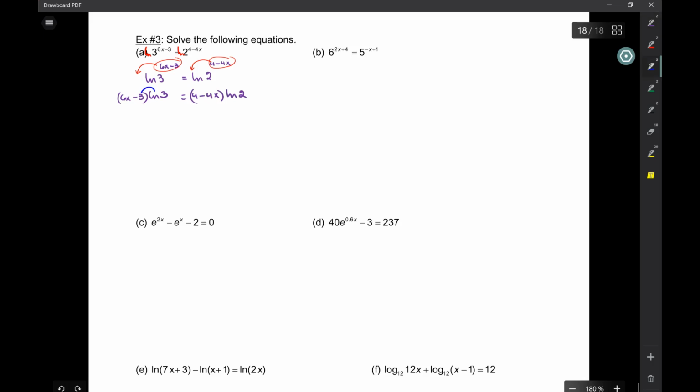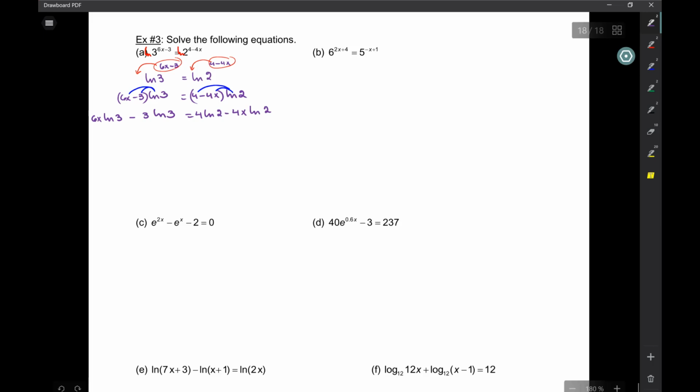Now, I need to distribute. So on the left-hand side, I have 6x ln of 3 minus 3 ln of 3 equals 4 ln of 2 minus 4x ln of 2. What are we solving for? X. So now, I need everything with an x on the left side and everything without an x on the right side.